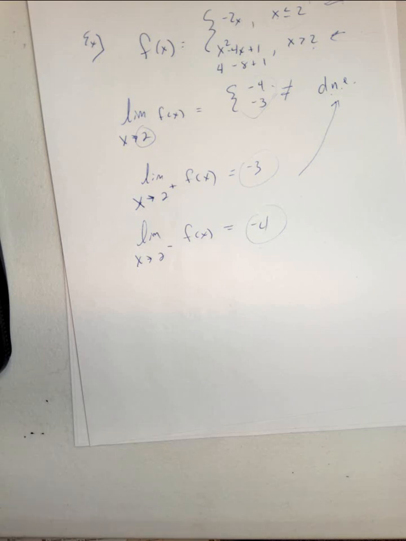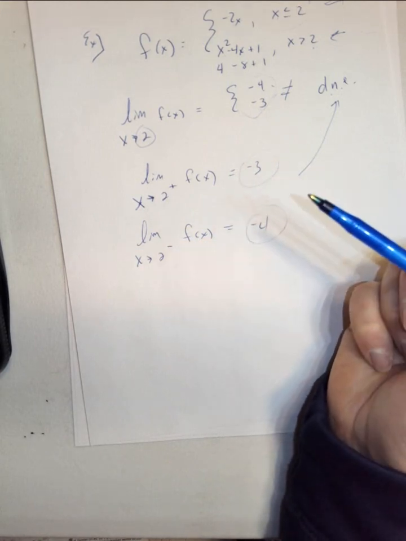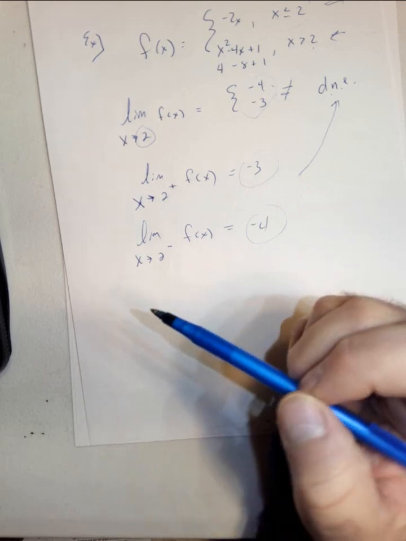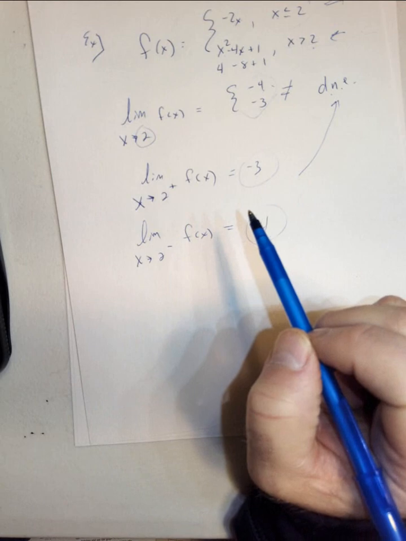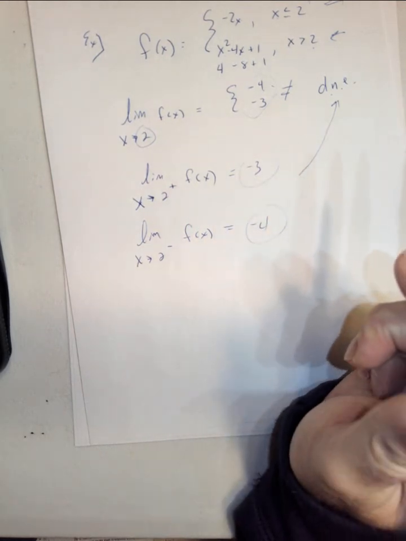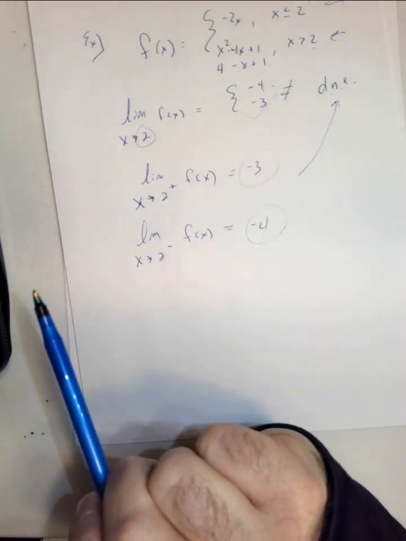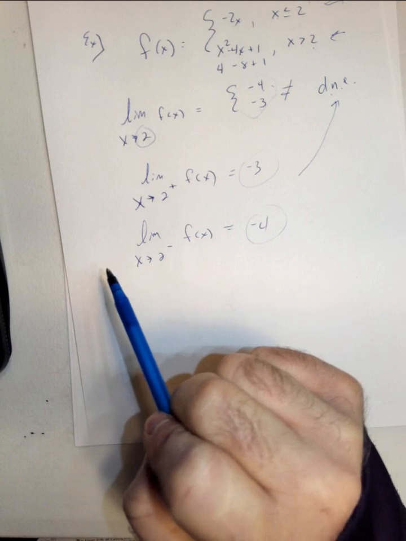So conditions, right? The limit exists when we hit a value that is the same when you approach from the right and the left. Or you get the indeterminate form, which means there's a hole, and the y-coordinate of the hole is the limit. Or the limit does not exist when there's asymptotic behavior, or the two y values are different when you approach from the left or the right.